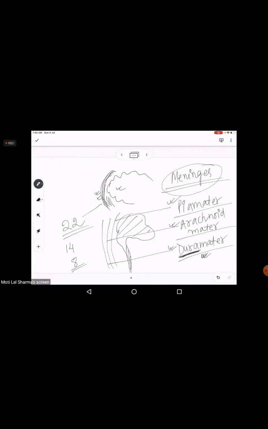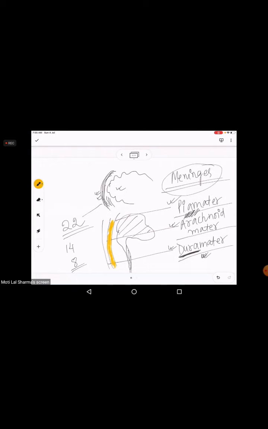And again, what you have to remember for the exam: between pia mater and arachnoid matter, in this picture, that place is this yellow space that I have shown. Whatever the space is between them, it is occupied by some fluid.